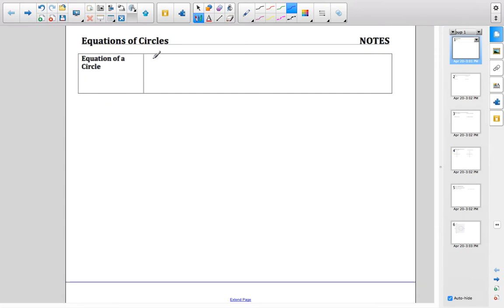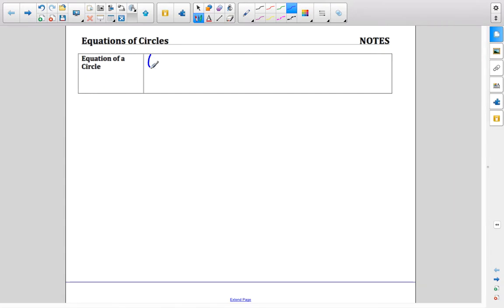So the general equation, the standard equation, looks like this. (x minus h) squared plus (y minus k) squared equals r squared. So you might be saying, what's all those letters? What does that mean?